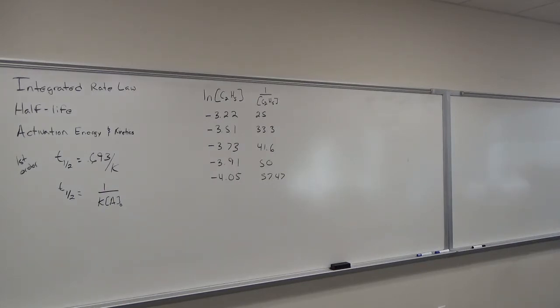So 0.16, and that would be molar to the -1, seconds to the -1. Rise is equal to the units of y, run is equal to the units of t. So there is our k.